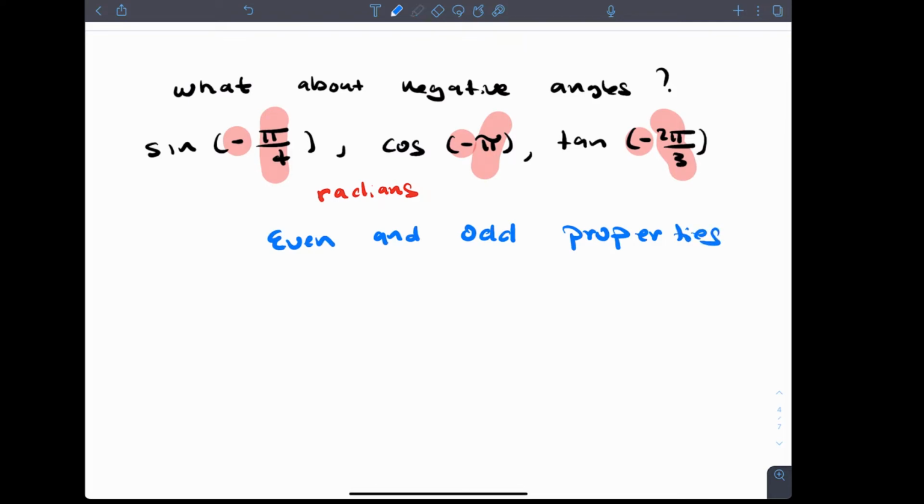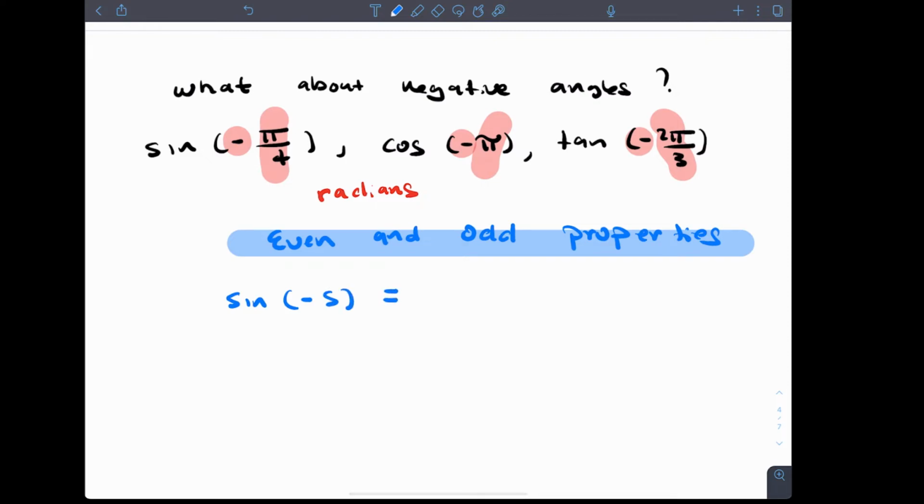So we're going to use these even and odd properties. And you say, well, what are these even and odd properties? Well, here's what they are. If you have sine of negative s, cosine of negative s, tangent of negative s, they all equal something.